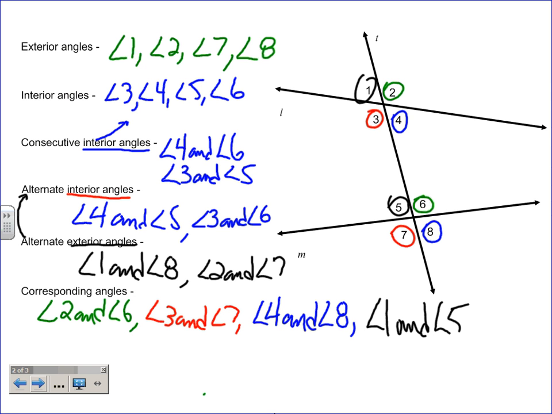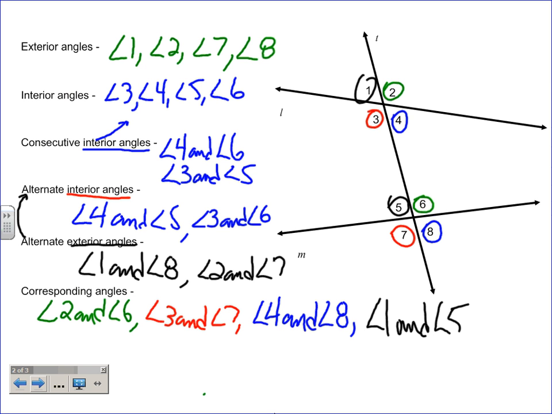How come we haven't paired 3 and 2? 3 and 2, 1 and 4, 5 and 8, 6 and 7, they're vertical. We've already given them a name. Those are vertical angles. And then there's another bunch that we haven't really paired, and that's, I don't know, 1 and 7, 2 and 8. You agree that we haven't paired those?